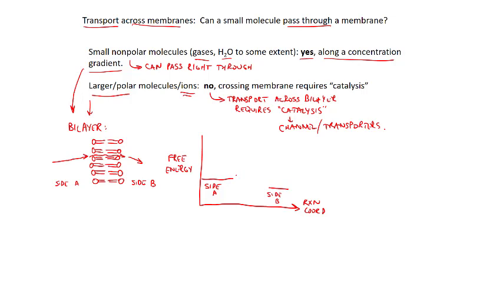What happens in between? What happens in between is we have to pass through this transition state. And what's this transition state look like? That's where the solute is completely buried in the bilayer interior.